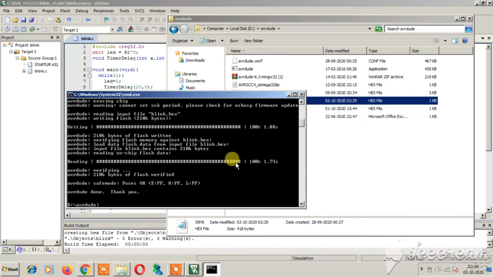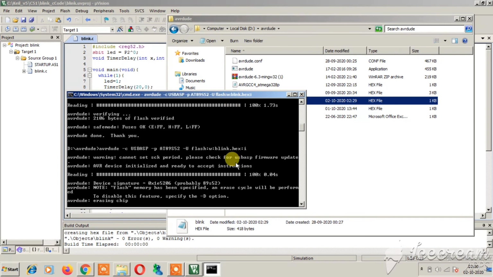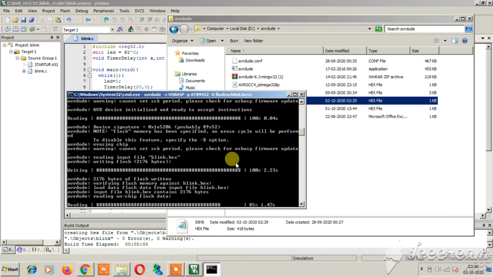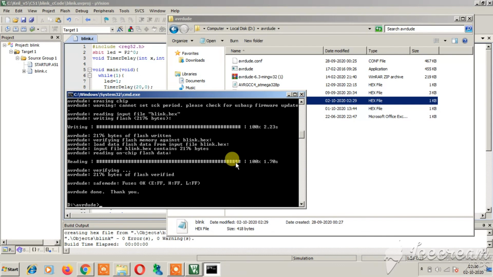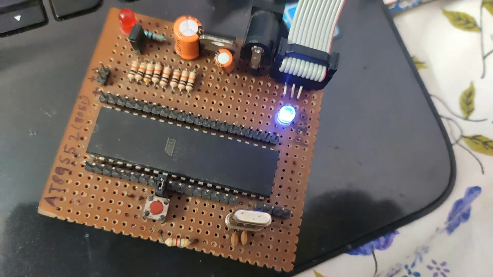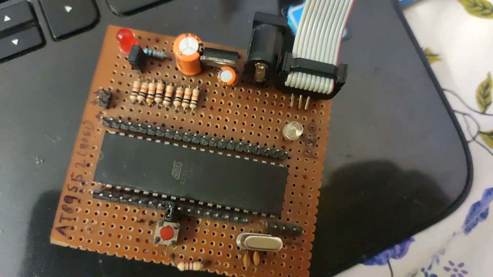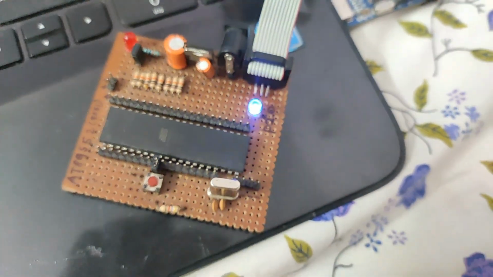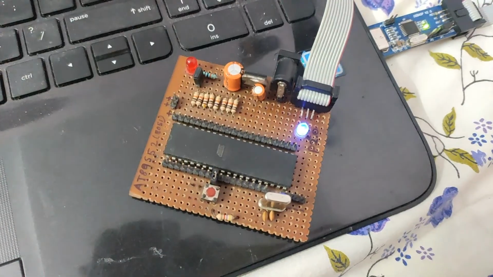I have discussed all these things in the previous video, so if you haven't watched it, please watch the previous video so that you can understand. So after writing, now let's see the code in action. The LED is on for 500 milliseconds and off for 125 milliseconds. So our program is correct.